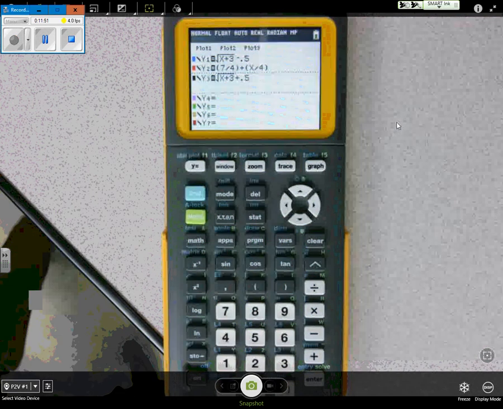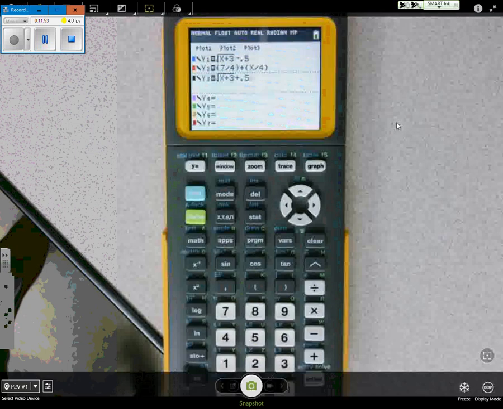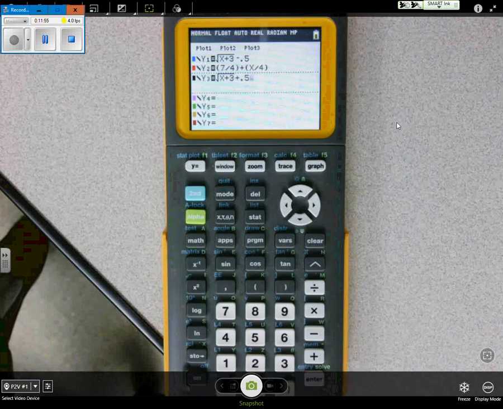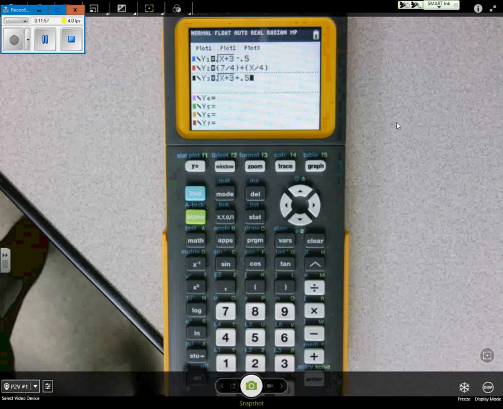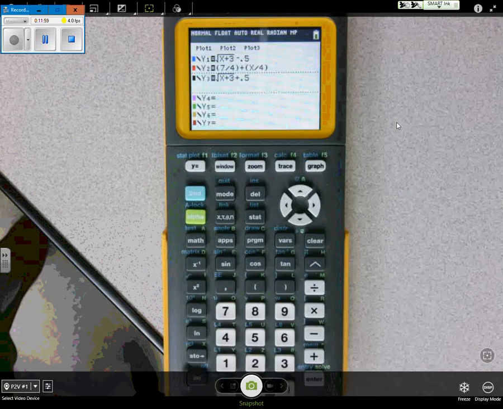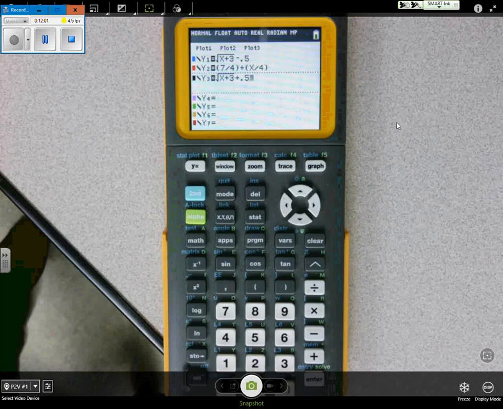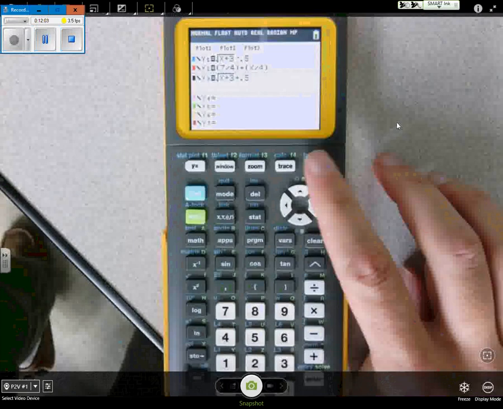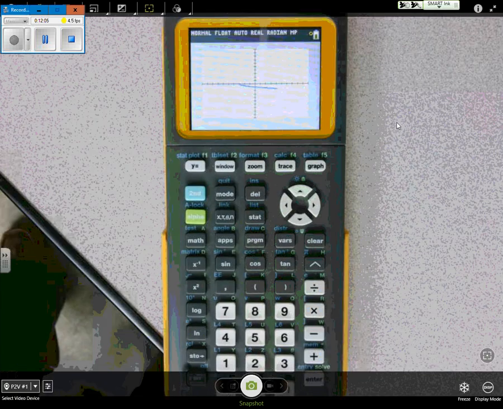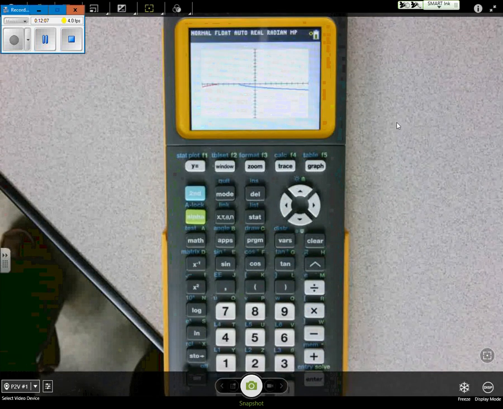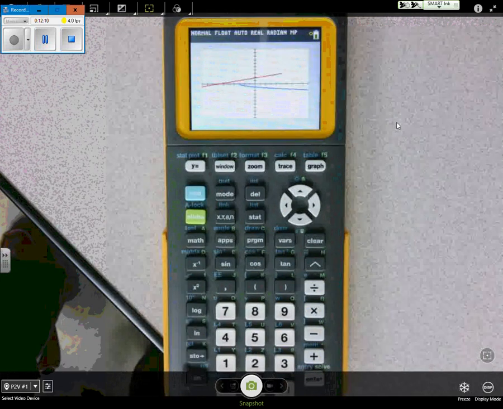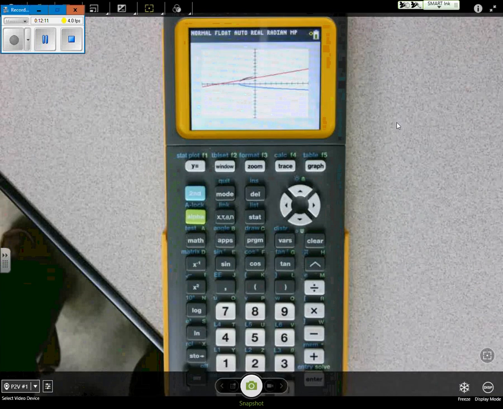So what I did was I put all three parts of that inequality into y1, y2, and y3. Now something else I should have done was check my graph to make sure it's all in the right spot. Ooh, I've got a negative floating somewhere.